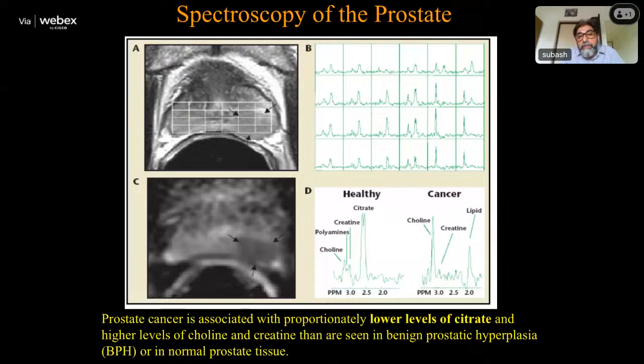Secondly, we also discussed that if you do a CSI, chemical shift imaging, instead of selecting a single voxel, you select a huge area, and in the prostate, like it is shown here, you have so many voxels. Then you can see heterogeneity within the prostate, which are the places where you have cancer and where there are benign tissues. This can sometimes help the surgeon in dissecting out the cancerous tissue.